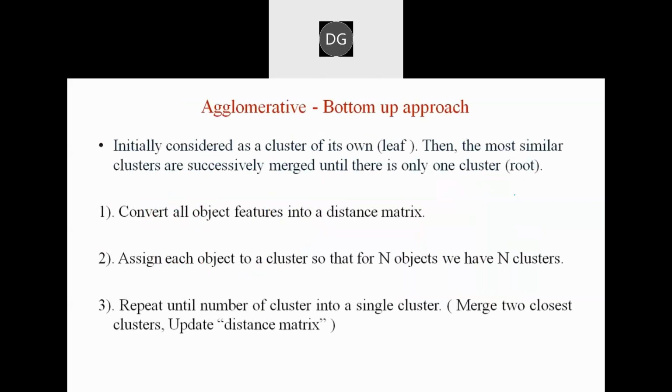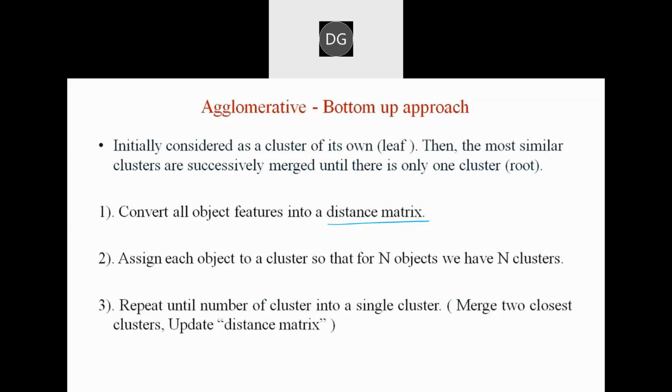These are the steps we need to follow. First, we convert all the object features into a distance matrix. Then we assign each object to its own cluster, so that from n objects we have n clusters. Each object is considered an individual cluster.